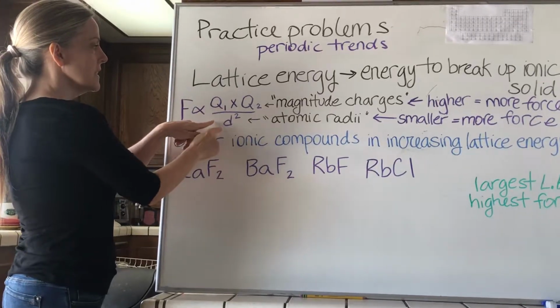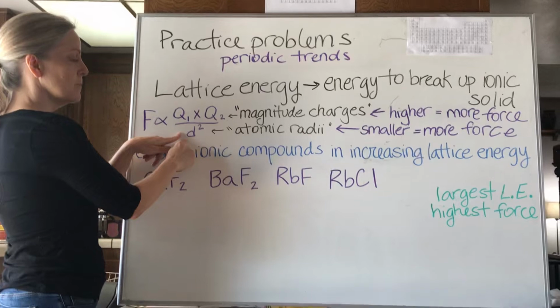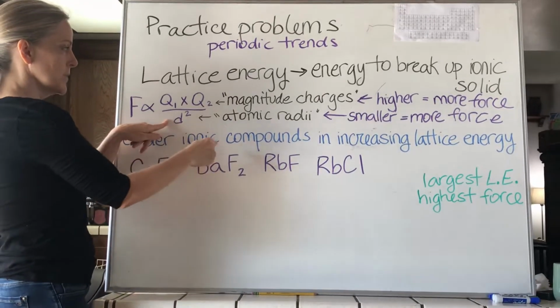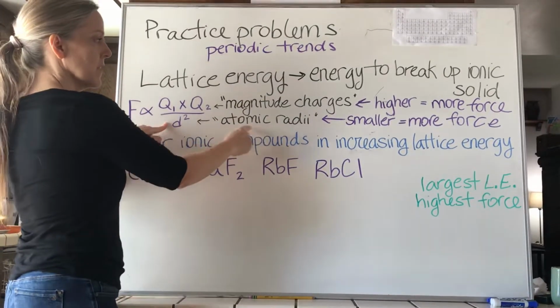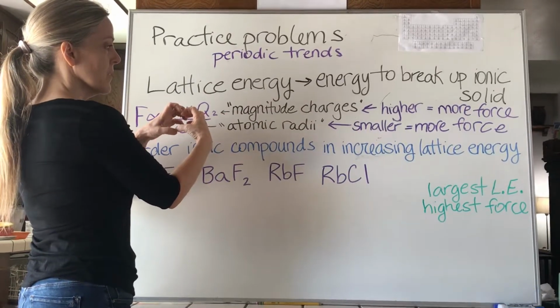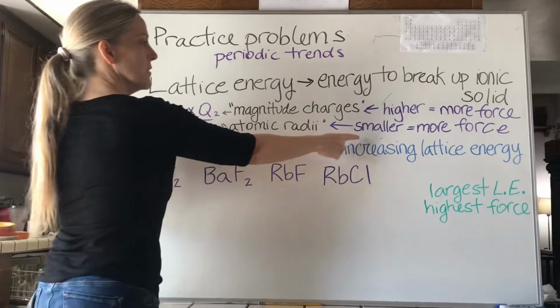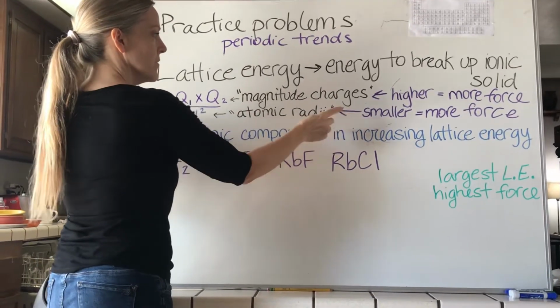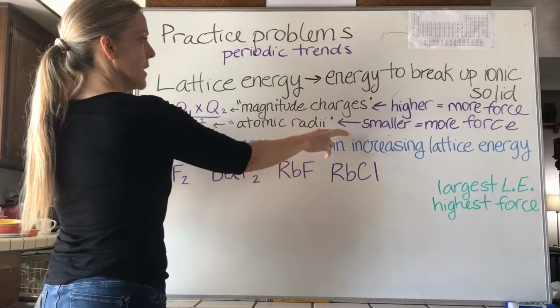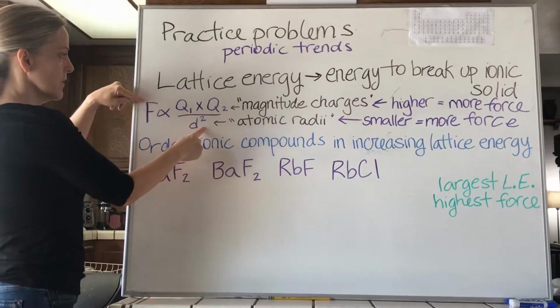And then for the distance, which for what we've been talking about is the distance between the two atoms, which is related to each of their atomic radii, so how close they can get to each other based on how big they are. So the smaller the atomic radii of the cation-anion pair, the greater the force, since they're inversely proportional.